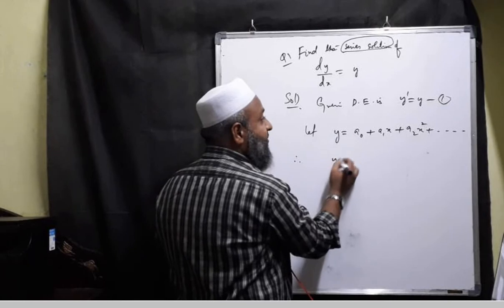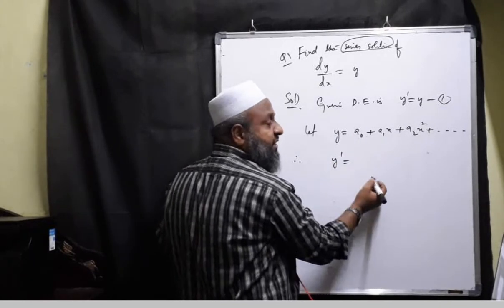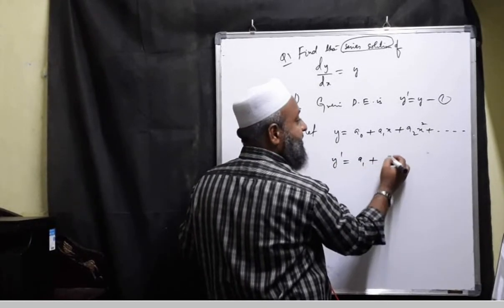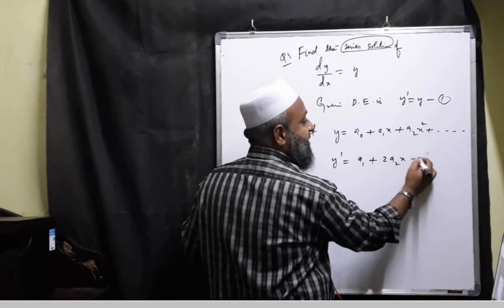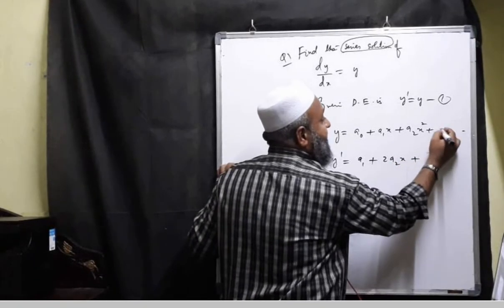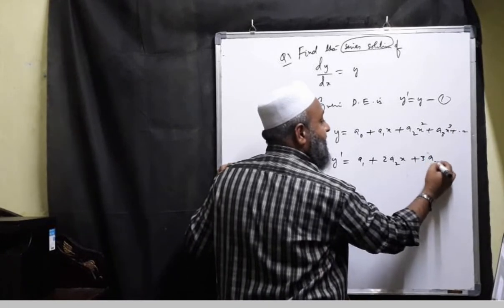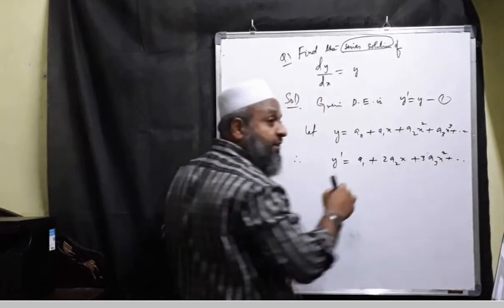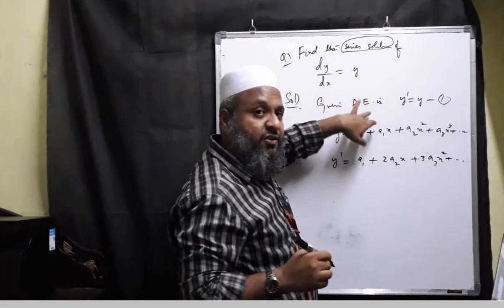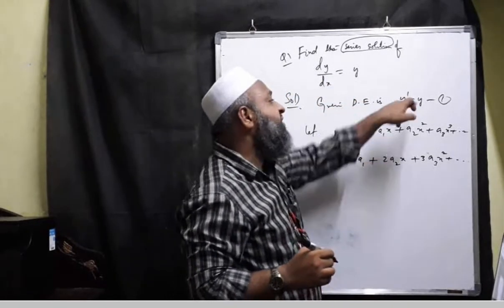Therefore, what will be y dash? In y dash, the constant is gone. It is a1 plus 2 into a2 into x plus, the next term being a3 x cube, so it will be 3 into a3 into x square, and so on. Assuming y is a solution, y dash and y should satisfy this equation.